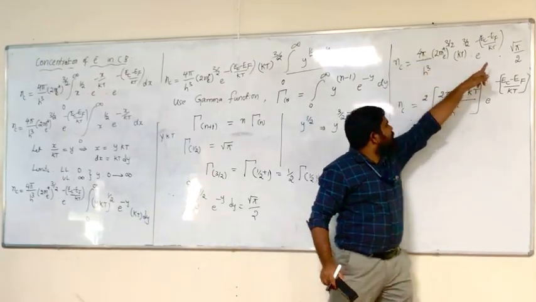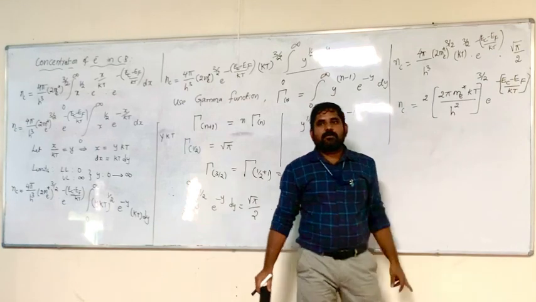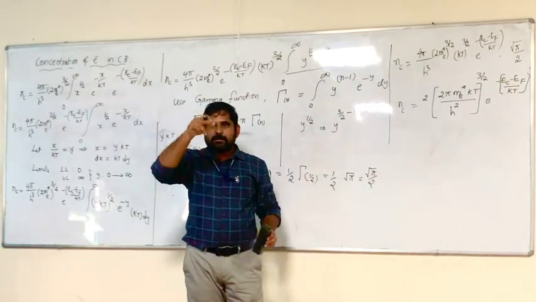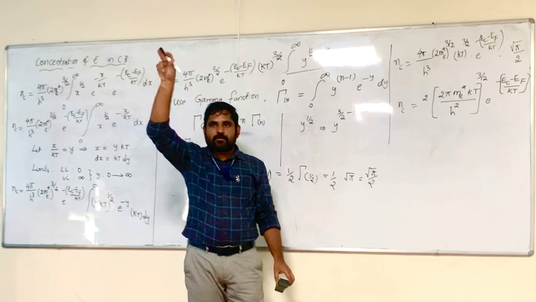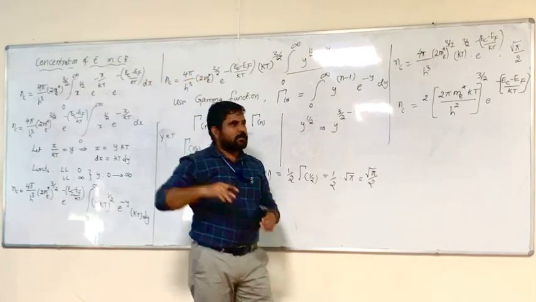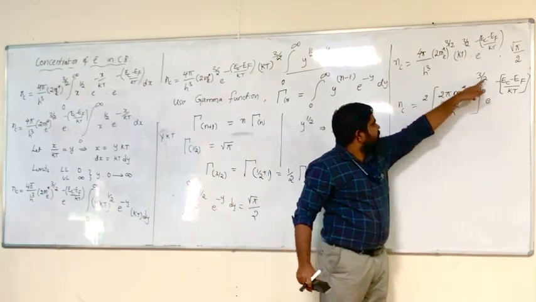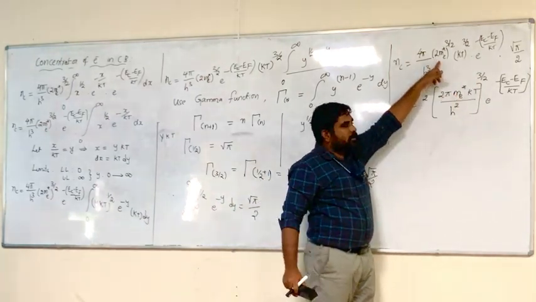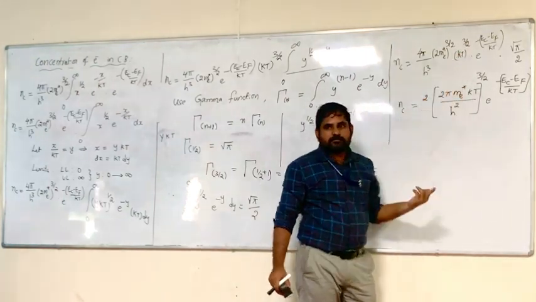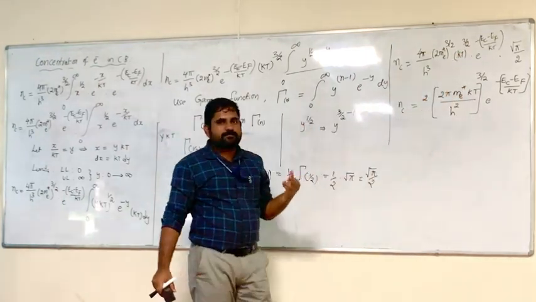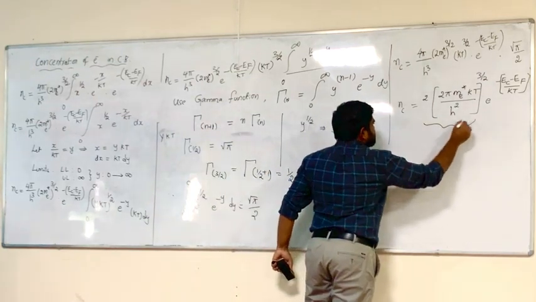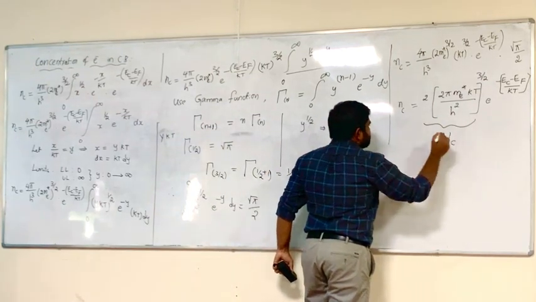Pi into root pi: pi means pi power 1, root pi means pi power 1 by 2, so 1 plus 1 by 2 gives pi power 3 by 2. So pi went inside the power 3 by 2. 2 m already is there in 3 by 2, and kT you already have in 3 by 2. Everything is clear now. So call this total thing capital NC.